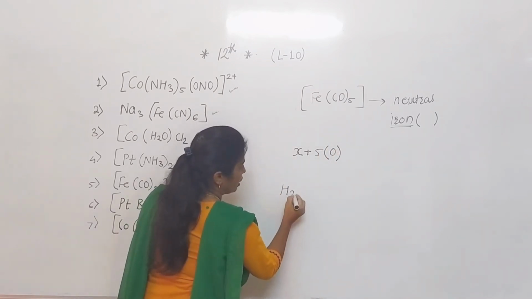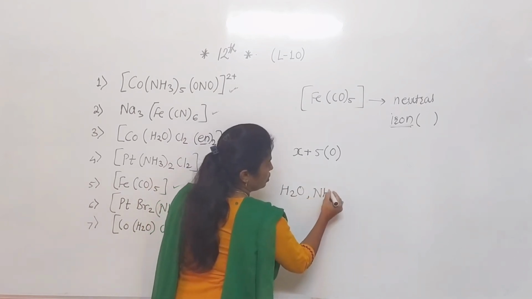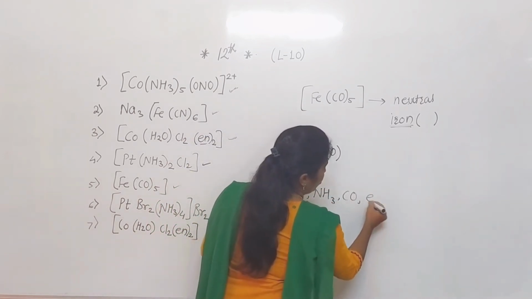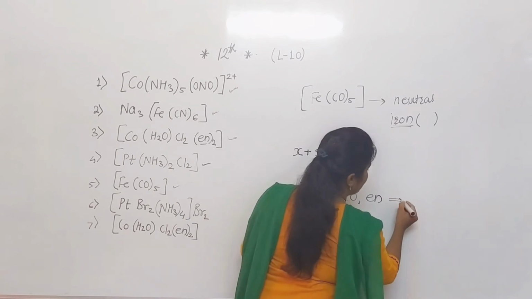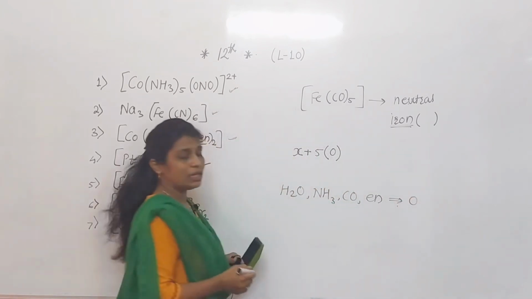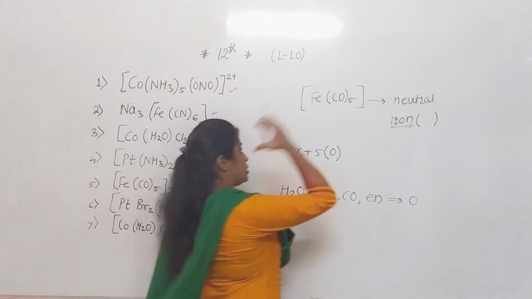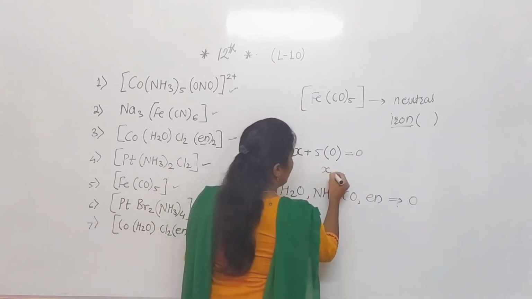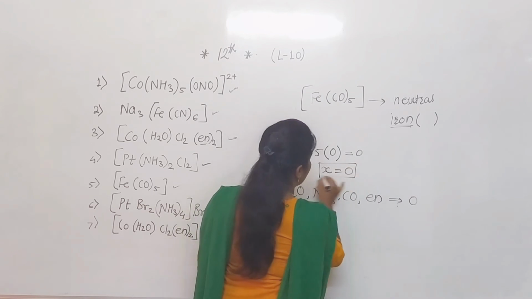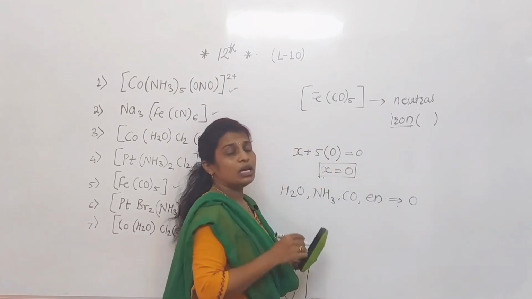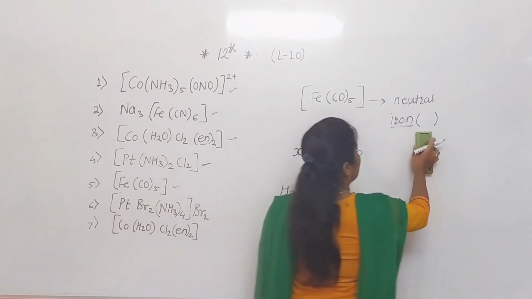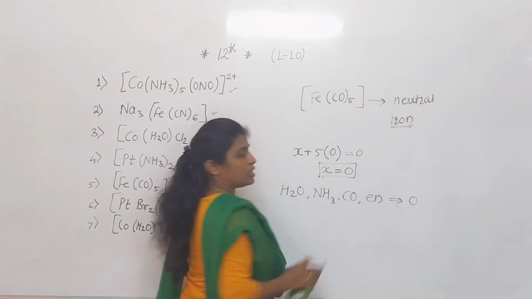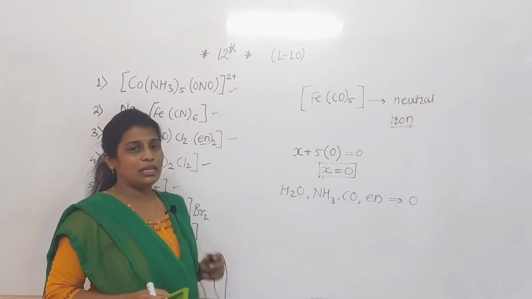As I told you, for H2O, NH3, CO, en, we consider the oxidation number as 0. There is no charge, so neutral complex, 0. Finally X is equal to 0, which means the oxidation number of iron is 0. If the oxidation state is 0, there is no need to write anything in the round bracket.